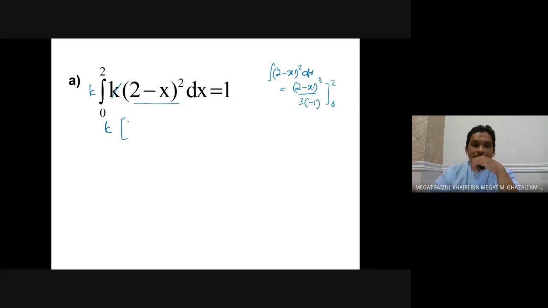Or the other way around, you expand this first: 4 minus 4x plus x squared dx equal to 1.